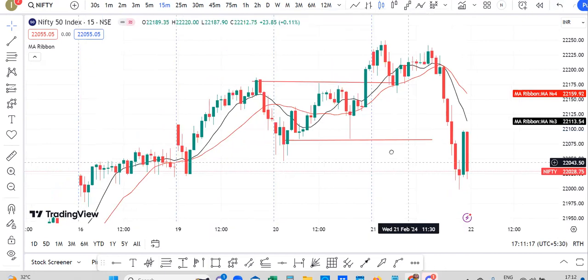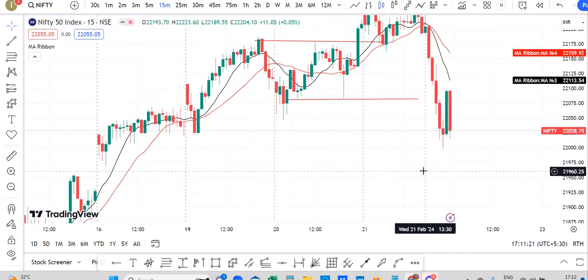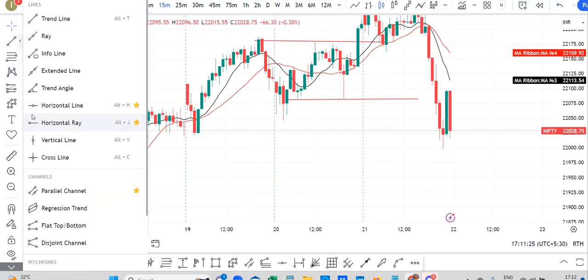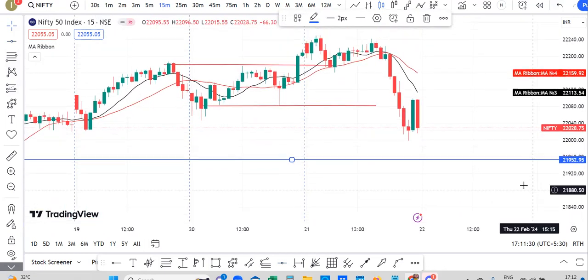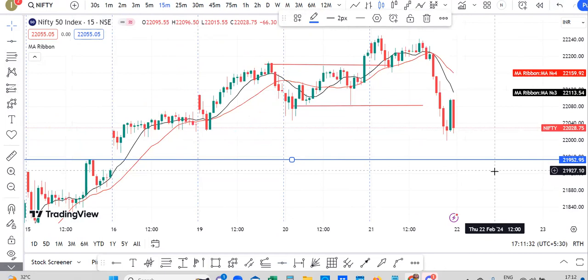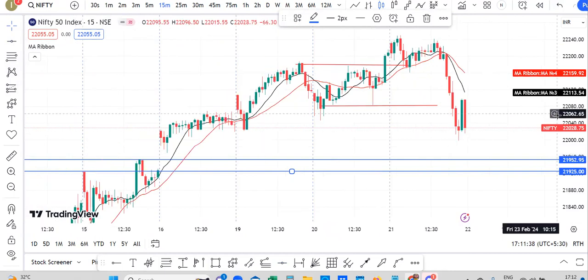So when it has taken the liquidity, probably they may continue till this level. The correction may go up to this level, 21,949 to 21,925. This is the zone of support for the Nifty.